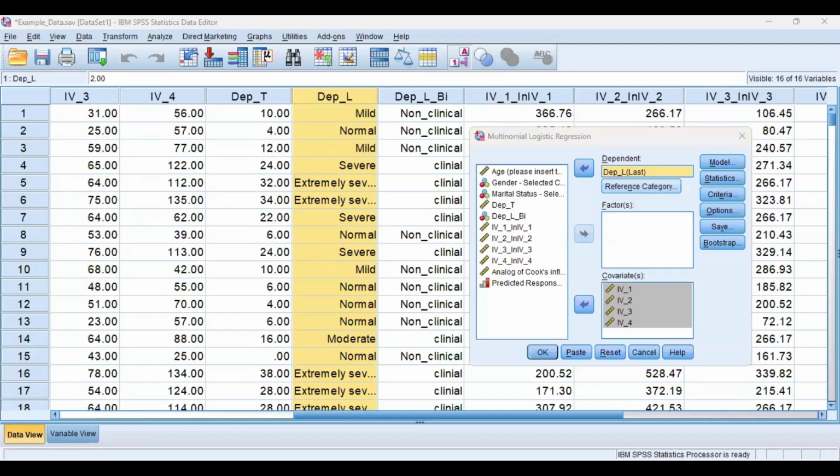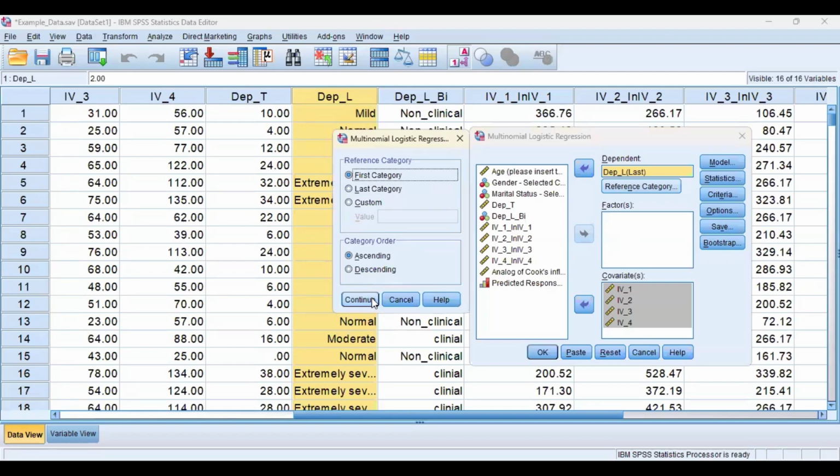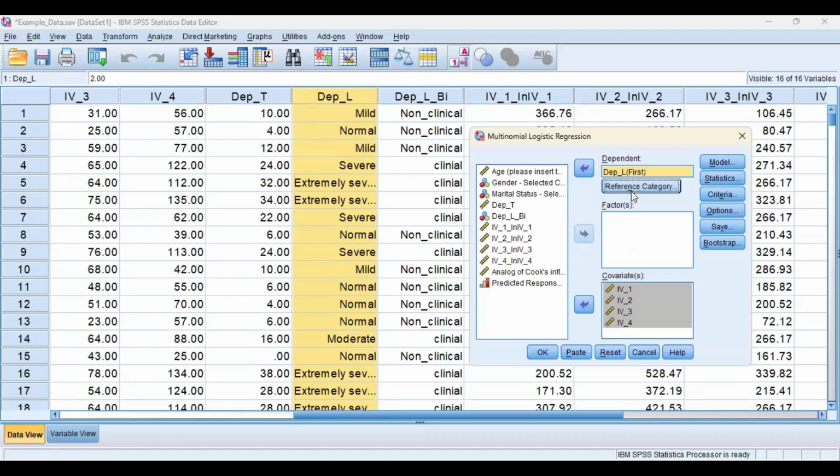For example, if I change it to the first category here and continue, that means all the levels of your DV are going to be compared with the normal level, which is level 1 of your DV. For example, it can show if your independent variables can increase the odds of mild versus normal levels.